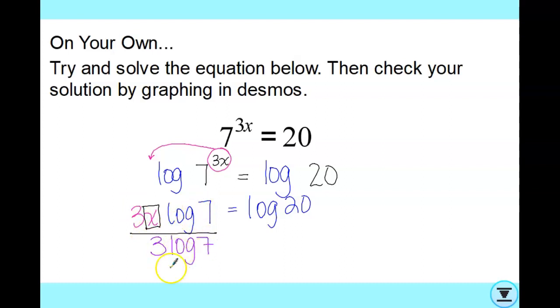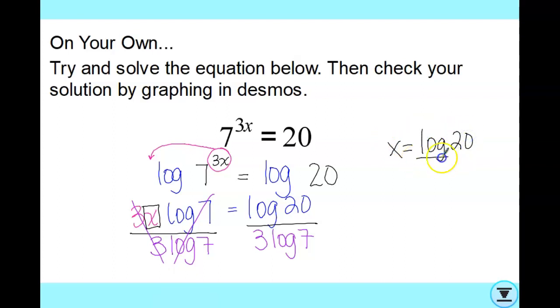That's going to cancel these two out, and we're just going to be left with the x. So we would do the same thing on the other side. We're going to divide this side by 3 log of 7. Cancel, cancel, so now we have x is equal to log of 20 over 3 times the log of 7.